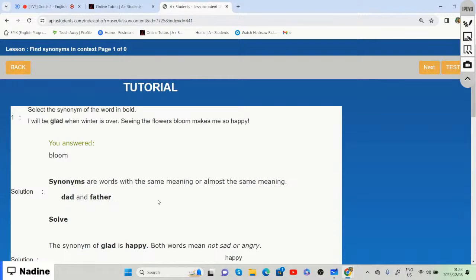I will be glad when winter is over. So we need to select the synonym of the word in bold. It says, I will be glad when winter is over. Seeing the flowers bloom makes me so happy.